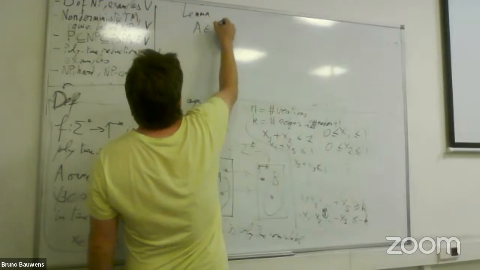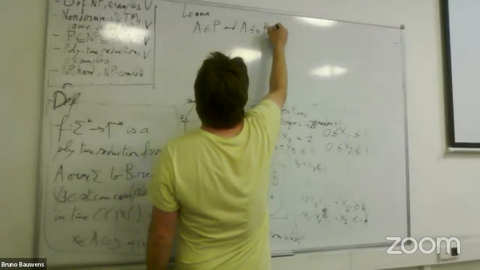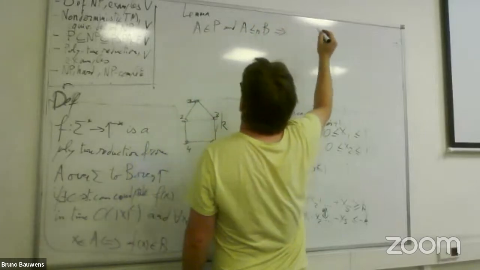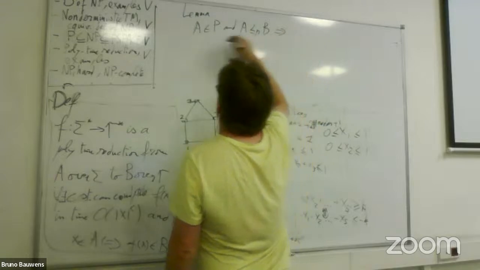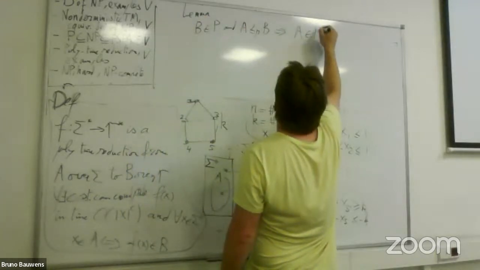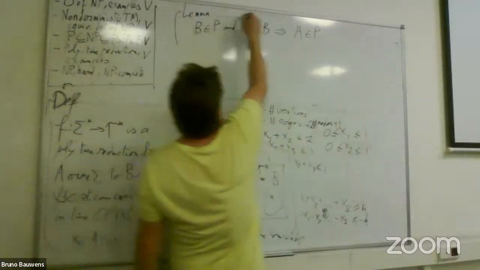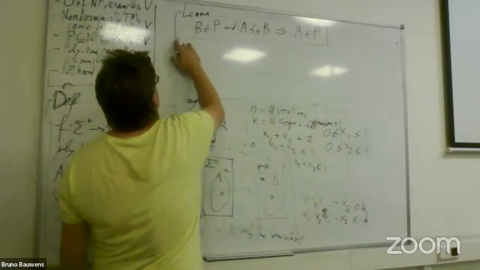If A polynomial-time reduces to B and B is in P, then A is in P. So how do you prove this lemma? Well, it's easy.